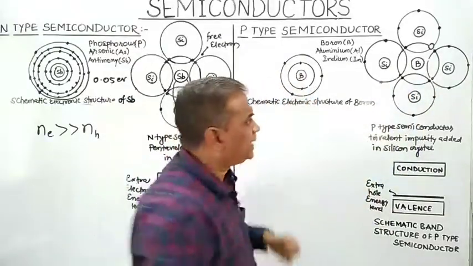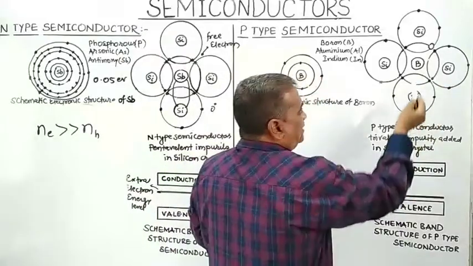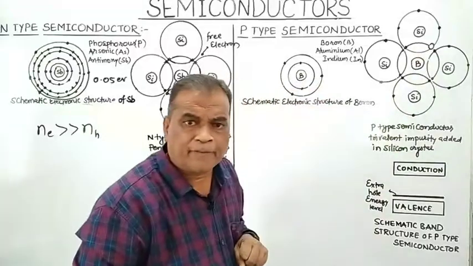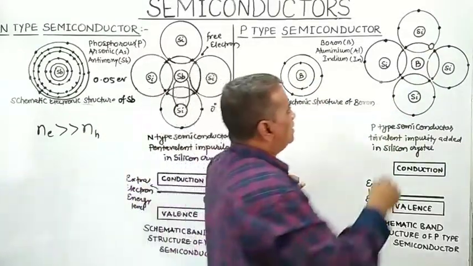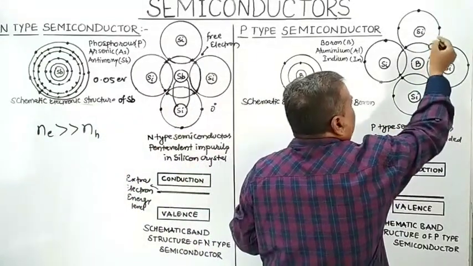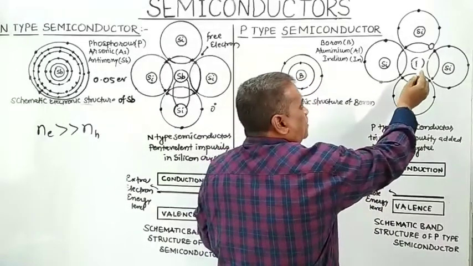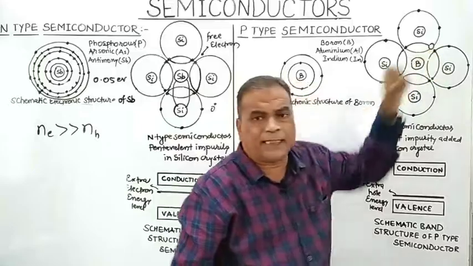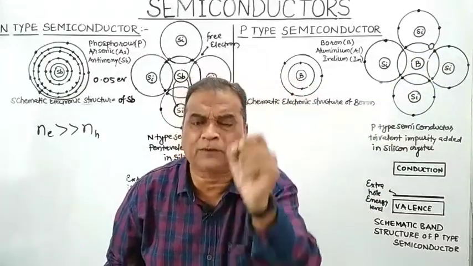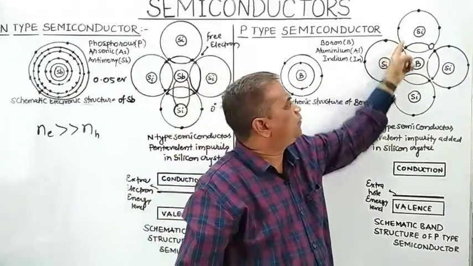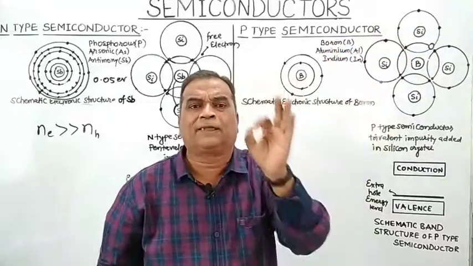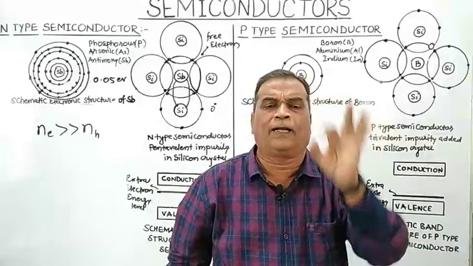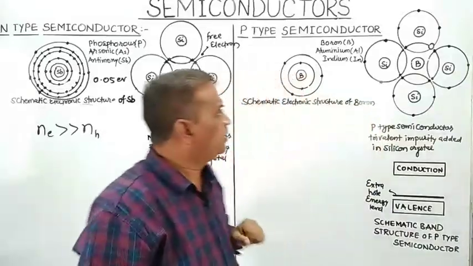Boron shares 1 electron each from 4 of its neighboring silicon atoms, and suppose these are the shared electrons. As far as the formation of the covalent bond between this boron and silicon atom is concerned, there is a deficiency or absence of an electron, which means that covalent bond is incomplete.